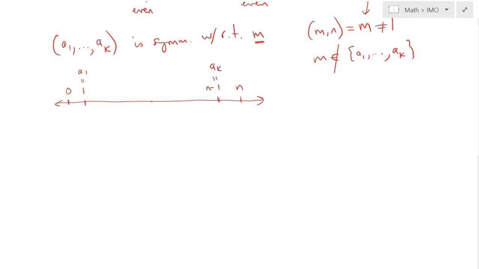So m is exactly n over 2, and this is exactly halfway through from 0 to n. So half of the a_i's are on the first part here, and the other half are on the second part here.